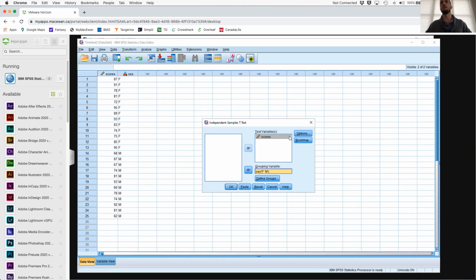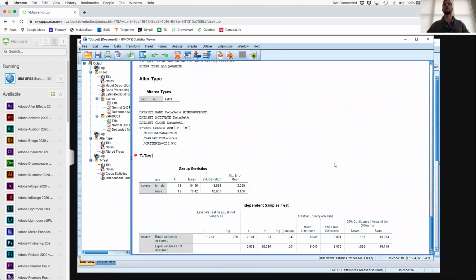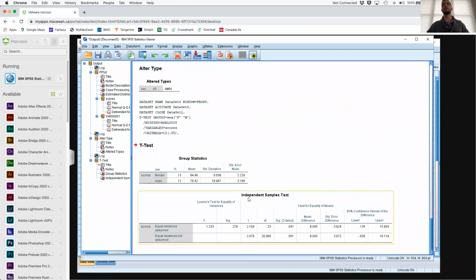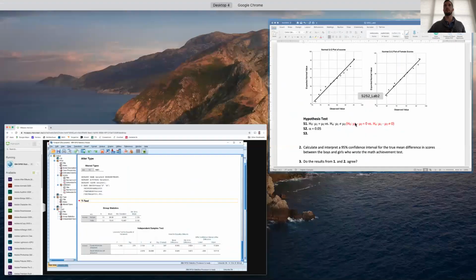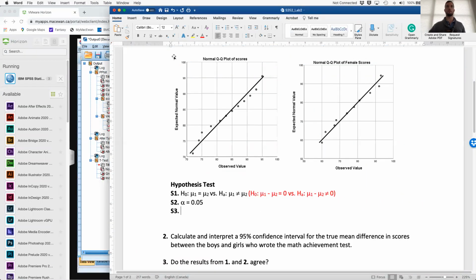All right. So then we click OK. And here is our output for the procedure. So we only need what is given in the bottom here, and I'll explain this output momentarily. So now we can insert this image.